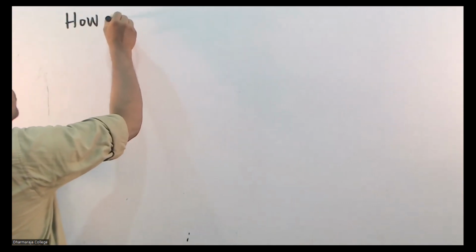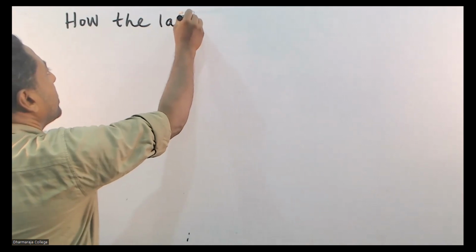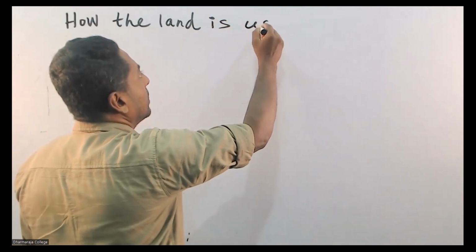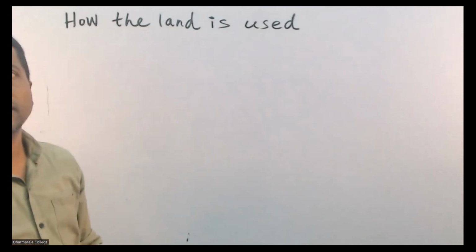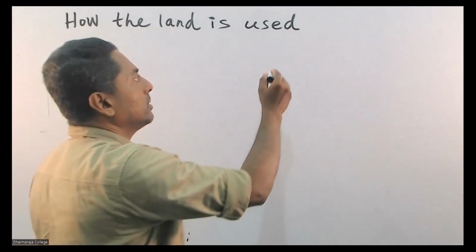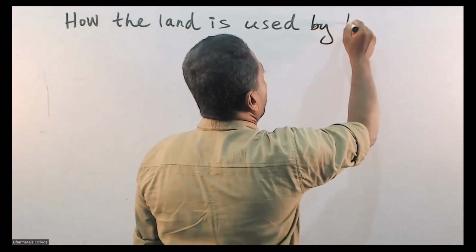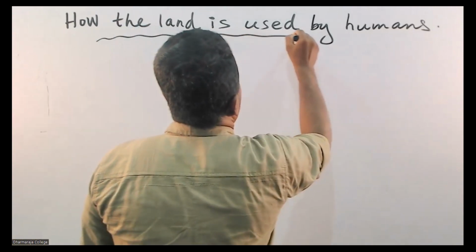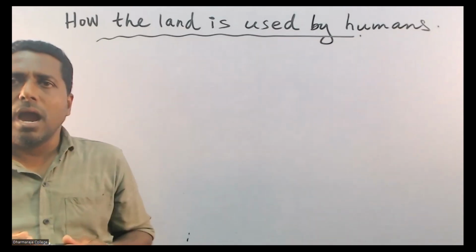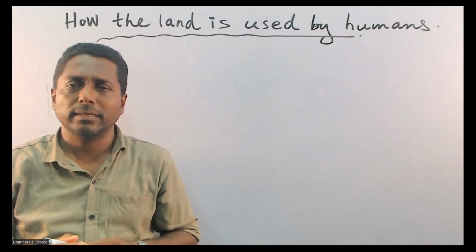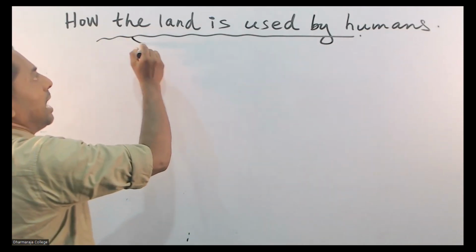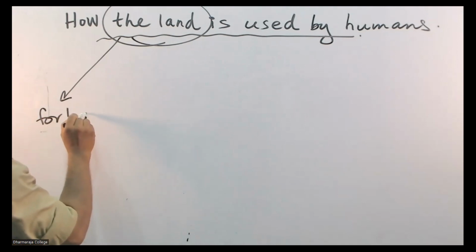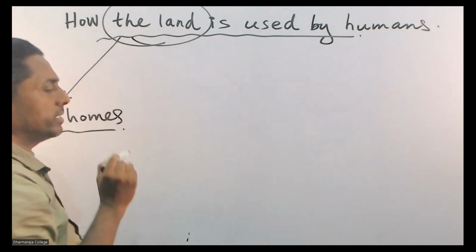How is the land used by humans? They use the land for building homes.